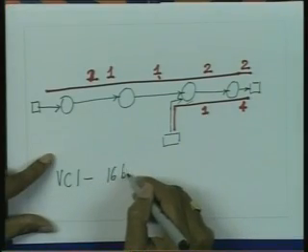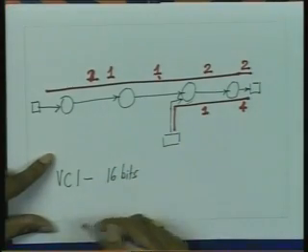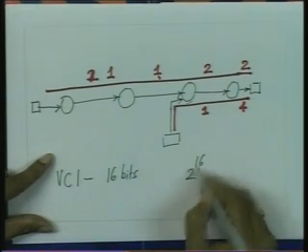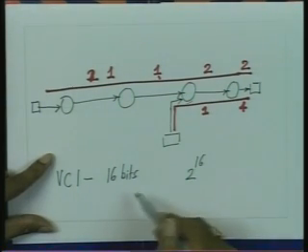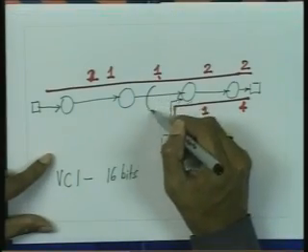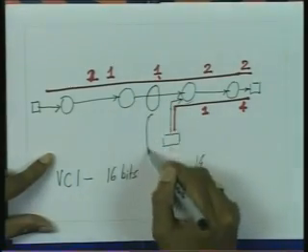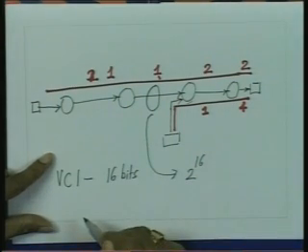Now in ATM, the virtual circuit identifier is 16 bits, and therefore the total virtual circuits that could be there is 2 raised to power 16. What it means is that the total virtual circuits carried on any link between these two nodes will be restricted to 2^16.